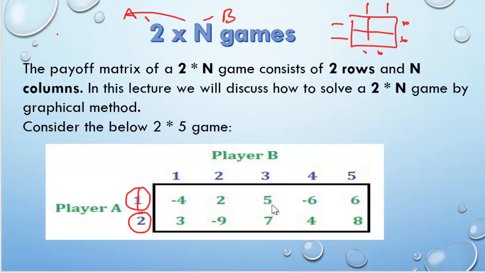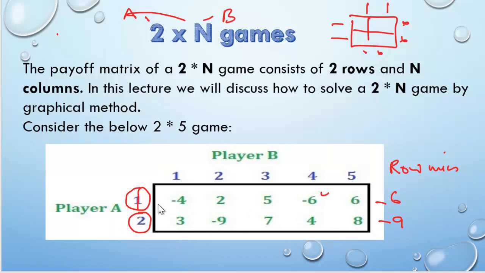We go here and see which is the minimum in this row, because we look at the row minimum. We have already done it, we know it. So -6 is the lowest in this row, and in this row the lowest is -9, right?